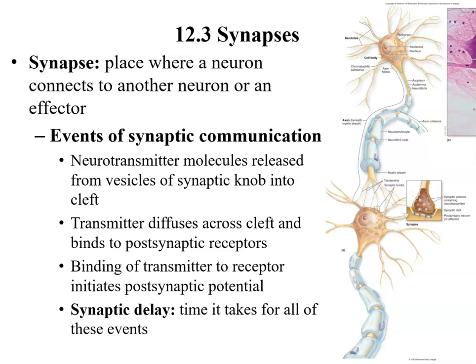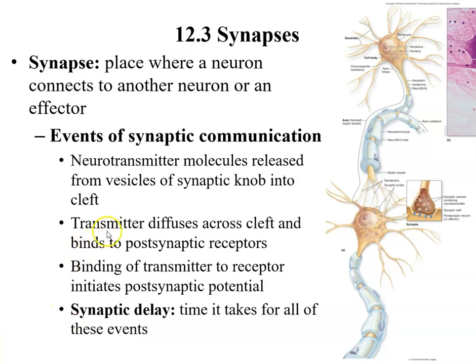Synapses. A synapse is a place where a neuron connects to either another neuron or an effector, like a muscle or a gland. The events of synaptic communication: neurotransmitter molecules are released from vesicles of the synaptic knob into the cleft.